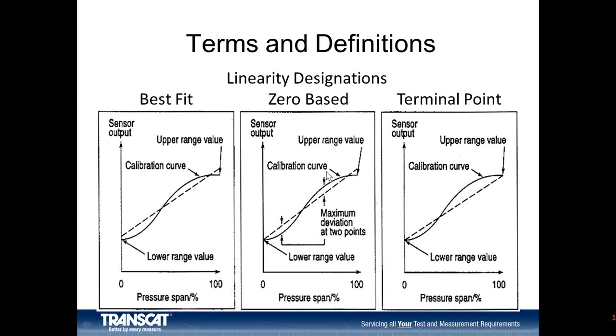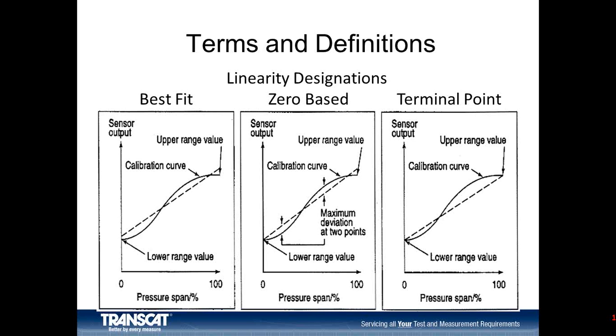In the middle section, this trend line is fixed at 0, and then the slope of that line is adjusted to match the remaining points, kind of an average of the rest of the pattern. And then the third section, terminal point, that has a fixed point both at the 0 end and at full scale.